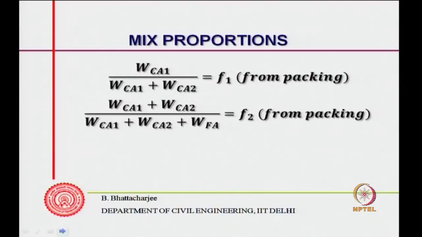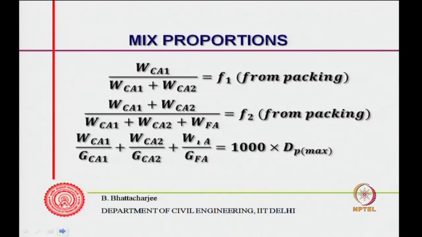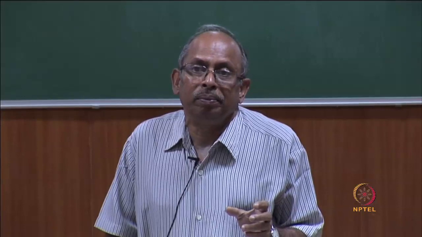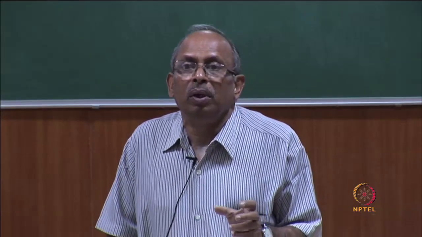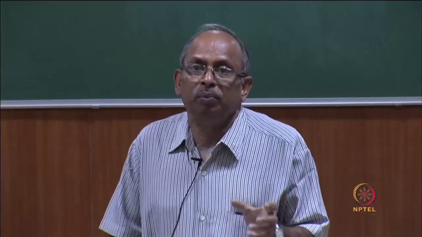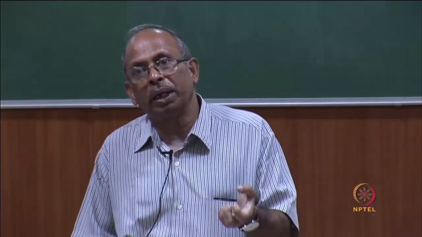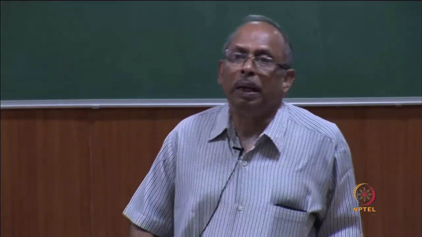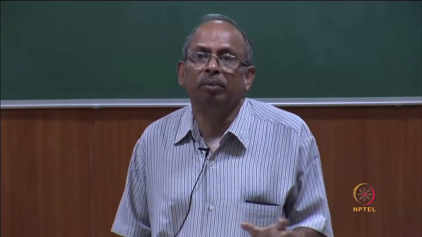Similarly, the proportion of coarse aggregate in the total aggregate system, which I can call F2, is also known from packing density. And lastly, the total volume of the aggregate system must be equal to the packing density itself, because the volume of the pure solids, that is the volume of coarse aggregate 1, coarse aggregate 2 plus fine aggregate, must be equal to the packing density, because that is the volume in 1 meter cube.